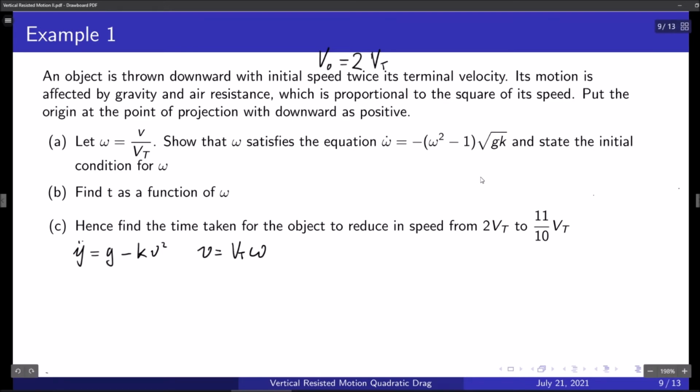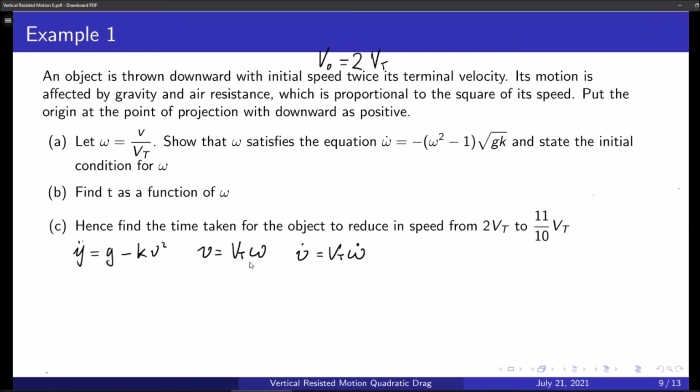Similarly, because v is simply a multiple of omega, the time derivative of v should be vt times the time derivative of omega, because vt is just a constant term.